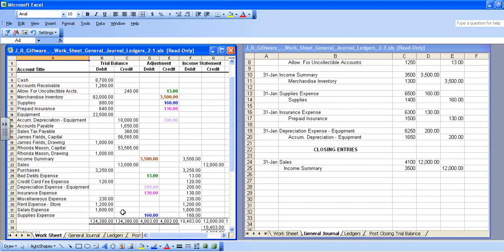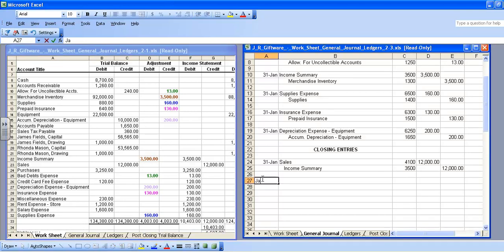Okay, back to the worksheet. The second closing entry is to close the expense accounts as well as our purchases account. All of those have a debit balance, and so what we need to do is credit all of our expenses to make them equal to 0. So we have to debit our income summary account, which is our dumping ground.